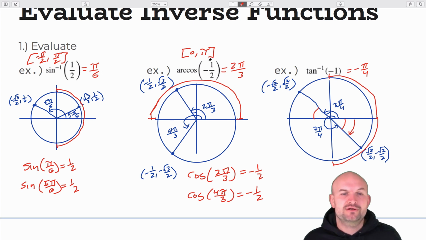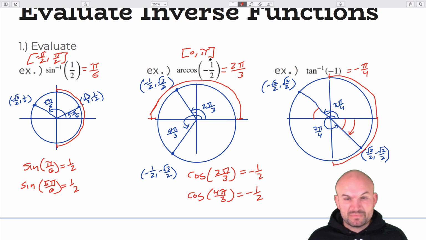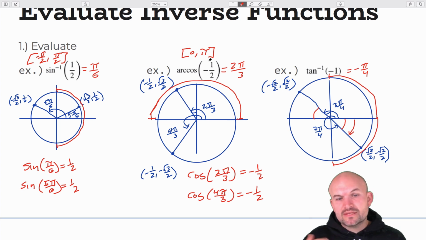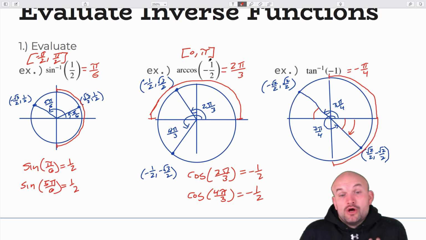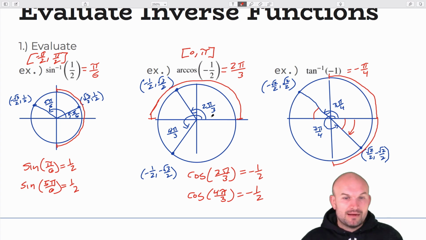And again, the other thing I mentioned to the students is, remember, these are inverse functions, right? There's only one answer. So even though I'm graphing using the unit circle, I'm giving you two options, there's only one answer that meets the restrictions of cosine. There's infinitely many answers.